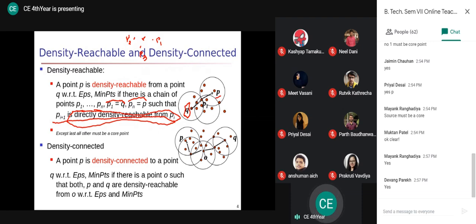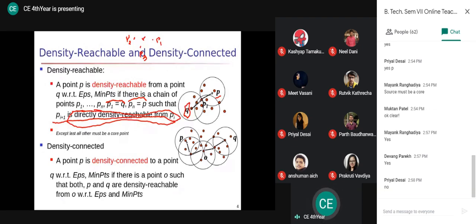The answer is no. Reason: min points is 4. The number of points is lesser than 4, so T itself is not a core point.